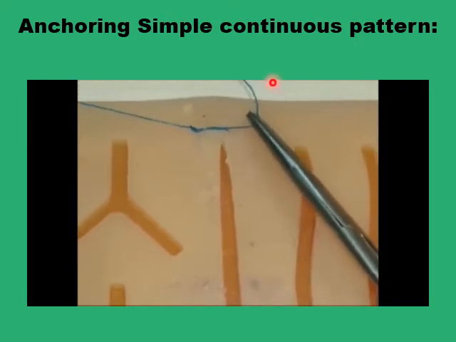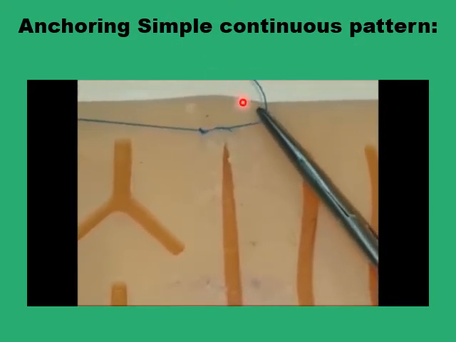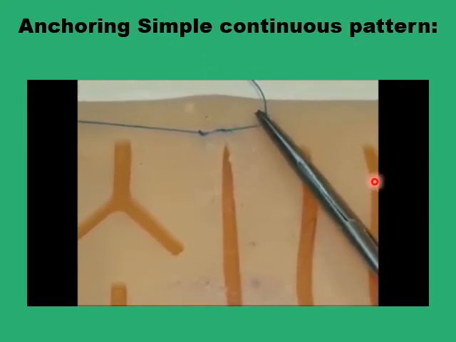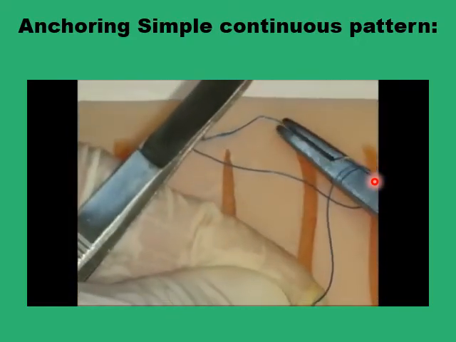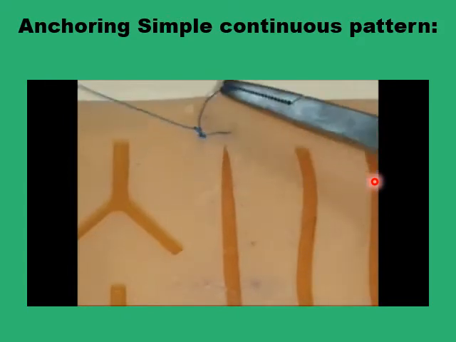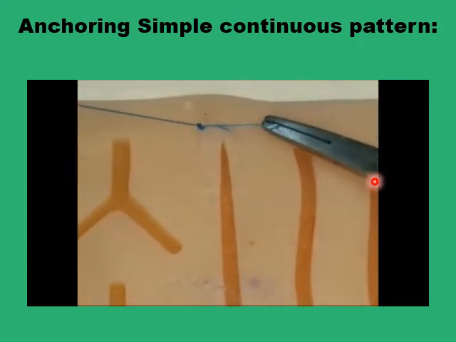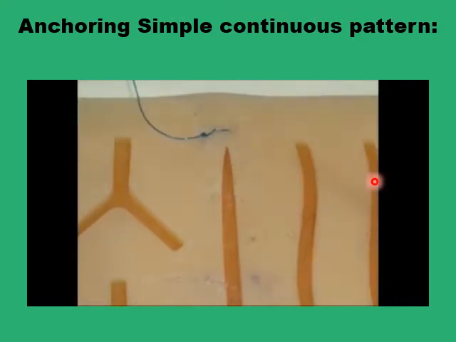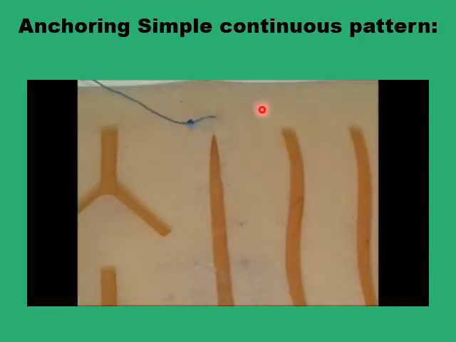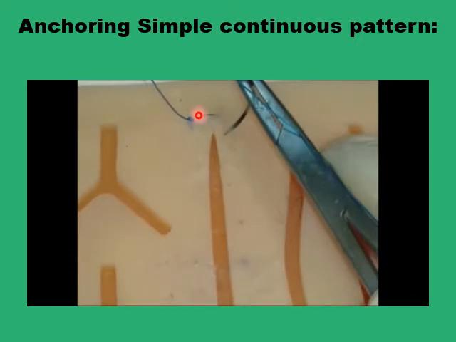And then you try and place the knot on one side of the wound edge, secure the knot, and then you trim the shorter of the 2 strands, and then you pass from this level to the next by going diagonally across the wound edge.